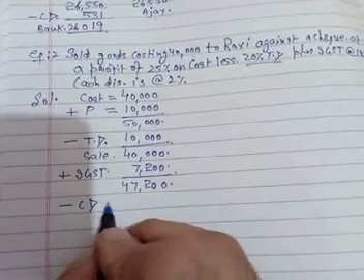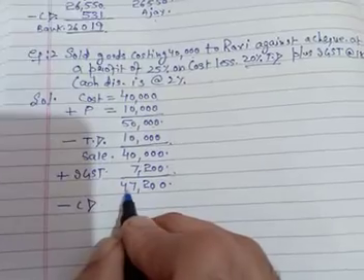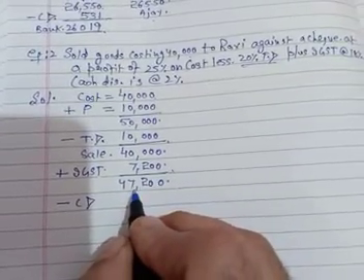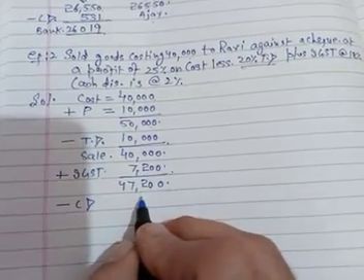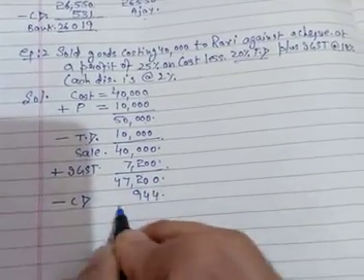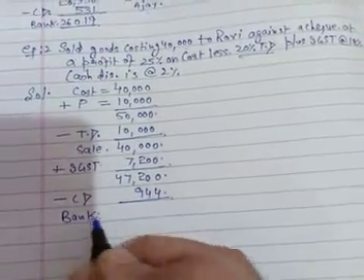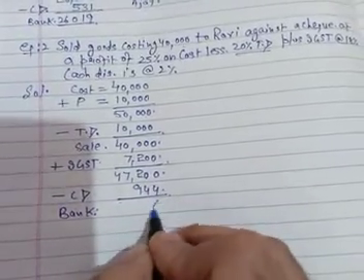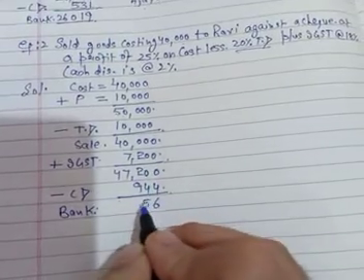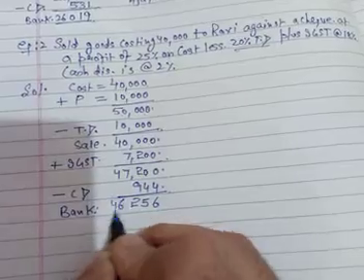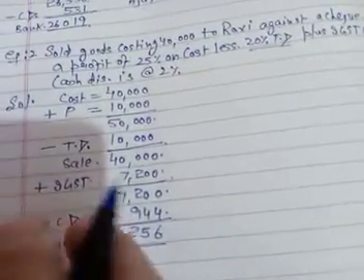CD at the rate of 2% comes out to be 944. So the check will be received for the difference between these two, which is 46,256. Are we clear about this calculation?